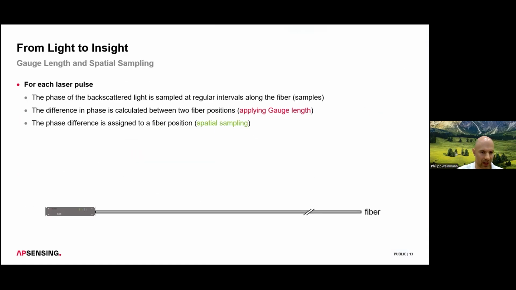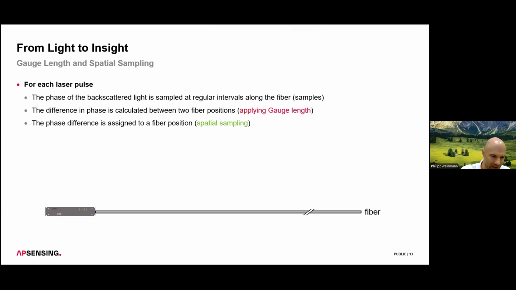And for this, I would like to consider the following situation. So I have a DAS system on the left side here, and the DAS system is connected to a glass fiber, which is pointing towards the right side. If we are sending in a laser pulse now, the laser pulse will travel to the right side, the backscatter signal will travel to the left side.